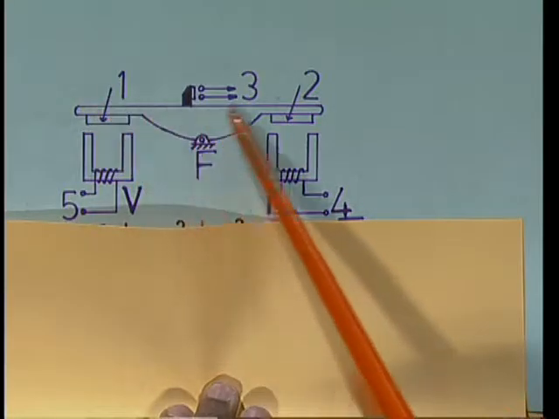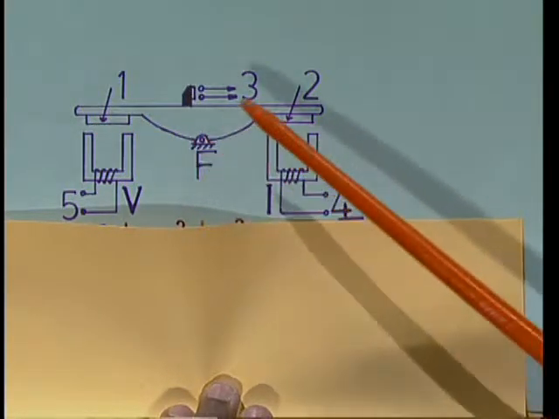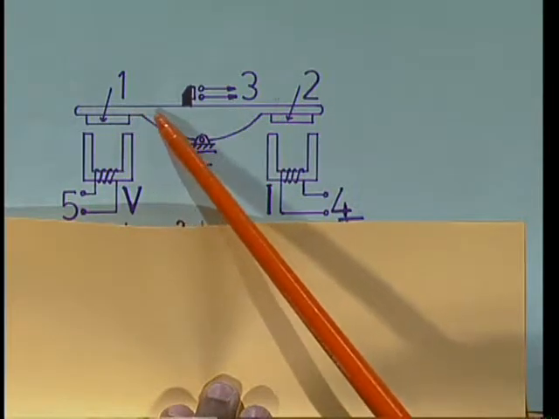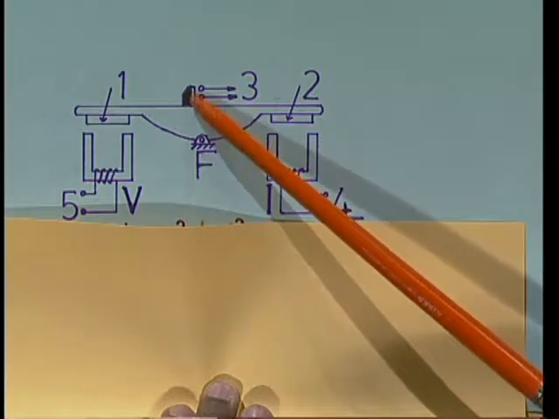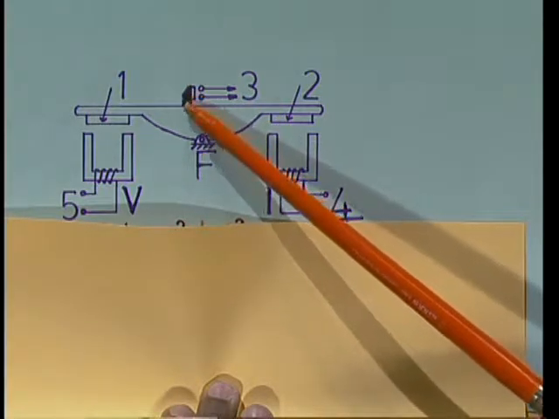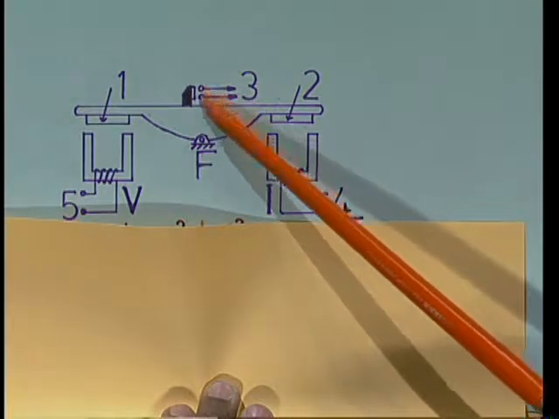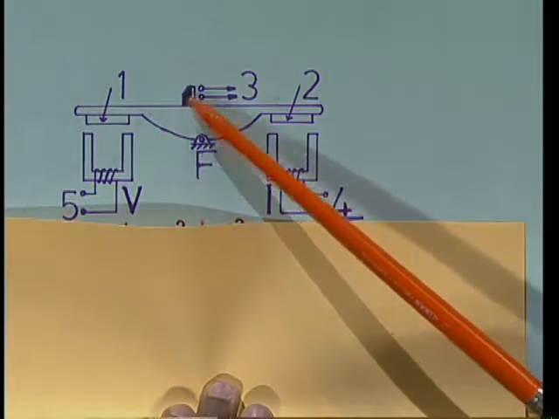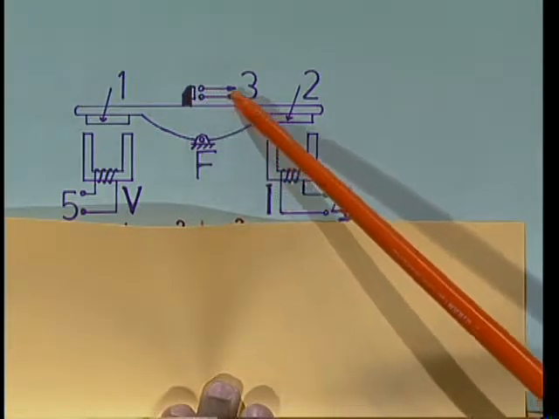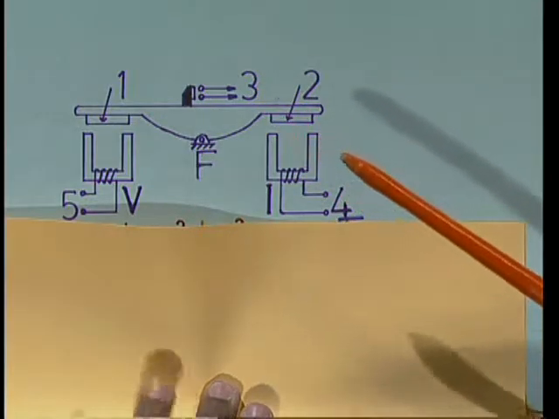This is the common platform or beam. The beam is attached to a fixed point. There is a fixed contact and a moving contact. This fixed contact is connected to the trip circuit, that is 3 is the trip circuit.